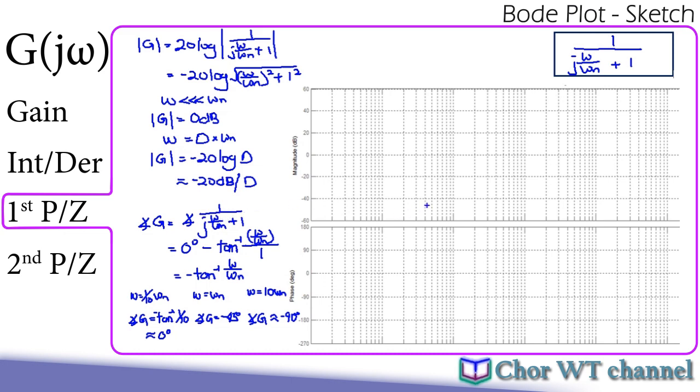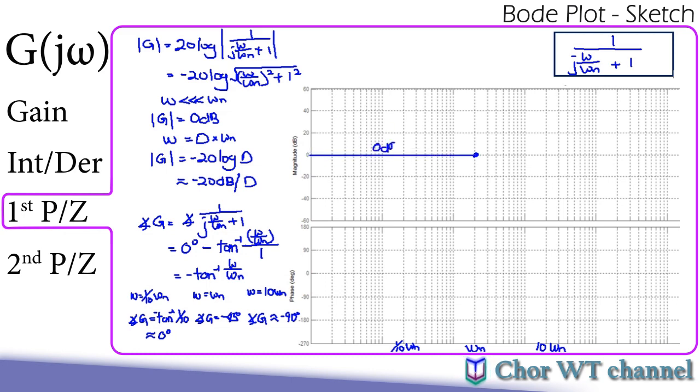Okay, so let's draw this out. For the magnitude plot, if we say this point is our omega n, this point will be 10 times smaller than omega n, and this point will be 10 times larger than omega n. For the magnitude plot, anything before omega n will be a straight line of 0 dB.